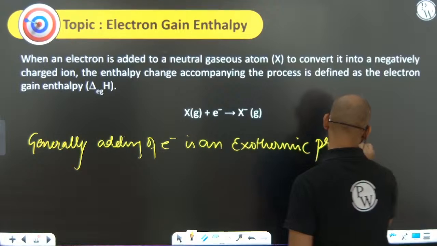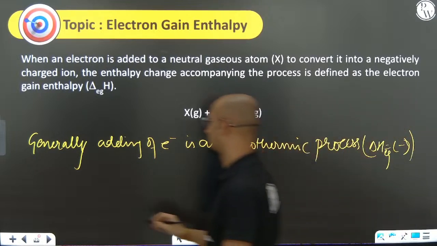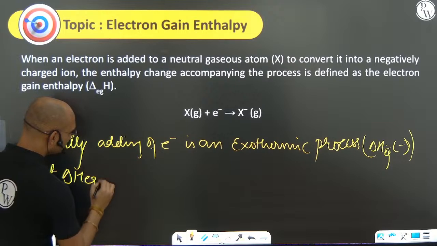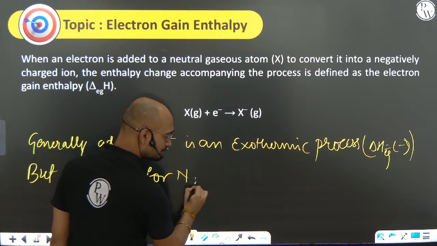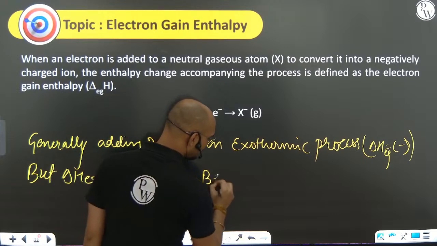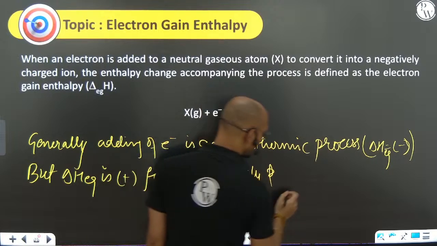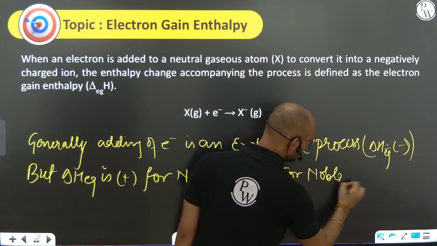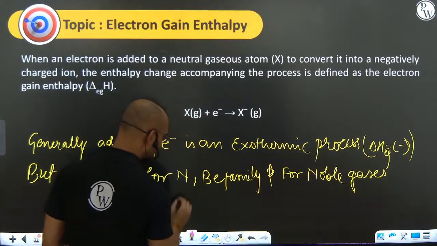Exothermic process means delta H is going to be negative. But delta H Eg is positive for nitrogen, then the beryllium family, and for noble gases. Please keep in mind, very important.